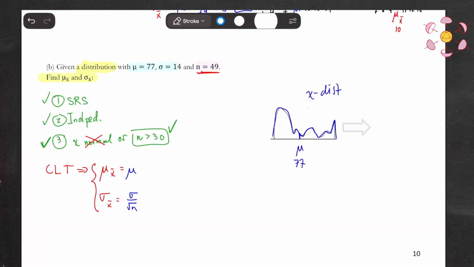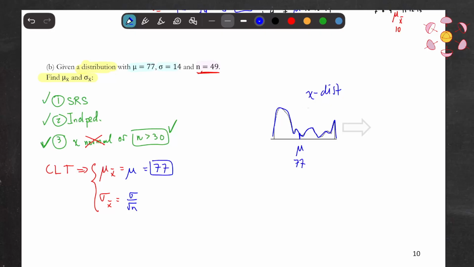Okay, I will do these calculations off screen here, since I'm so sorry I can't sync up the digital calculator. But let's see, for the mean, I don't need to do any calculations. It's just 77. It tells me that right here.